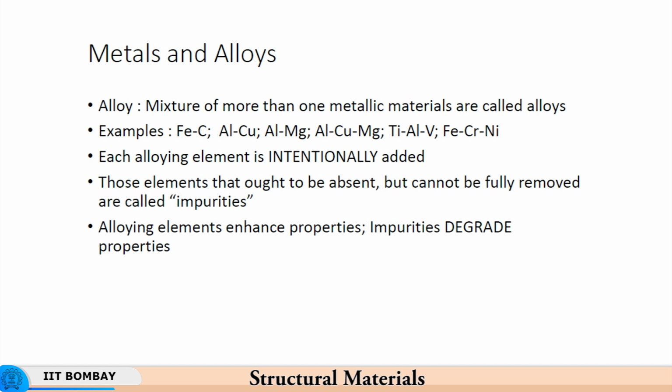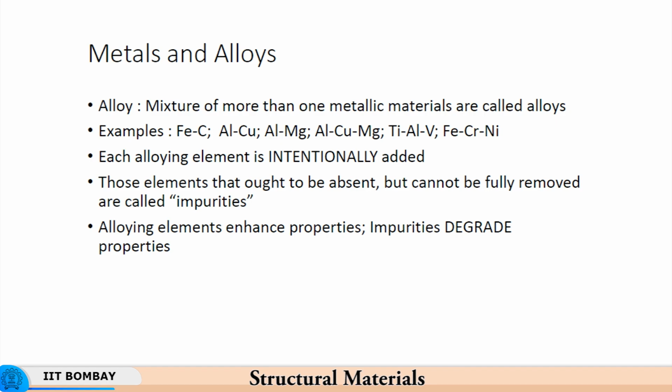So it's very important that the impurities are reduced to a minimum for critical applications. For instance, iron has phosphorus and sulfur as two major impurities, and it's impossible to get rid of them completely. So what you need to do is minimize them to a level where they are rendered harmless.